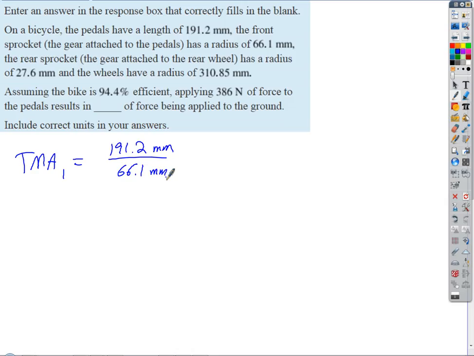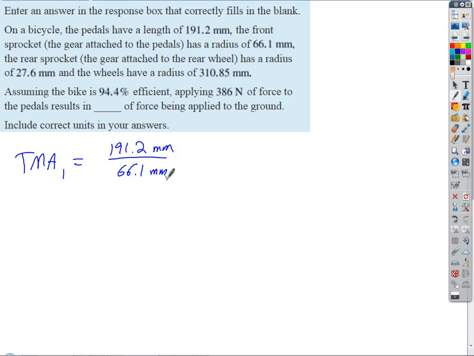And that gives a mechanical advantage of about roughly 3, not quite 3, just slightly less than 3. So the first simple machine, the pedal attached to the gears, actually multiplies the force being applied to the chain. What about the second one, though?